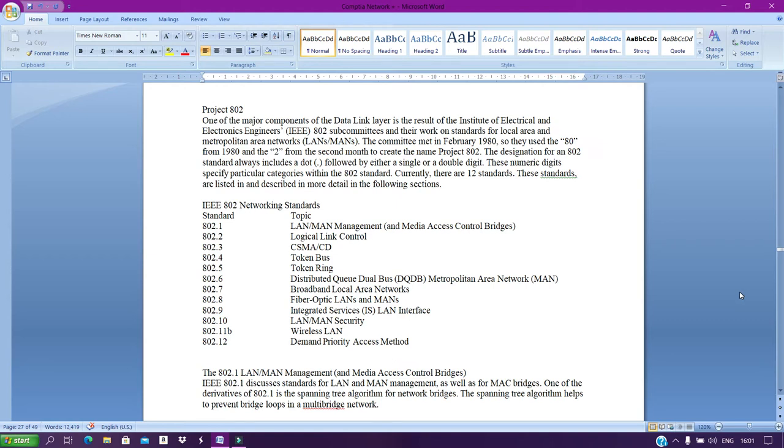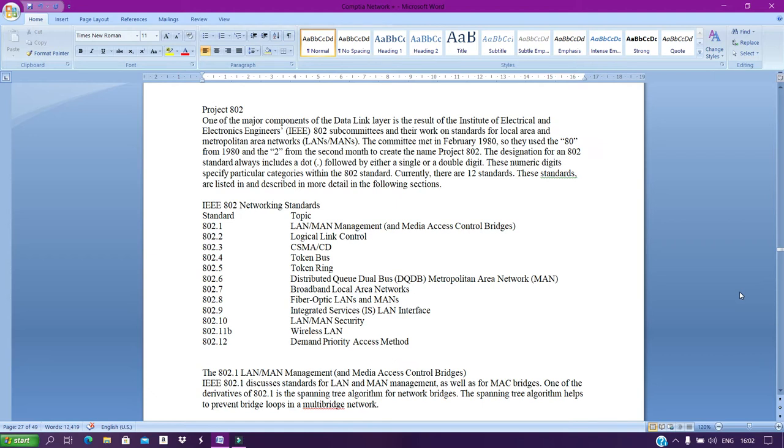So they used the 80 from 1980 and the 2 from the second month to create the name Project 802. The designation for an 802 standard always includes a dot followed by either a single or a double digit. These numeric digits specify particular categories within the 802 standard.